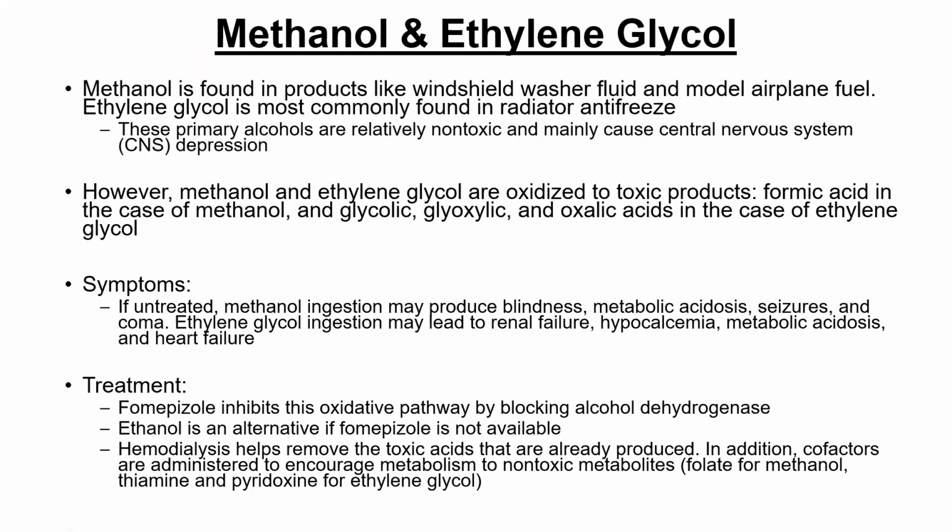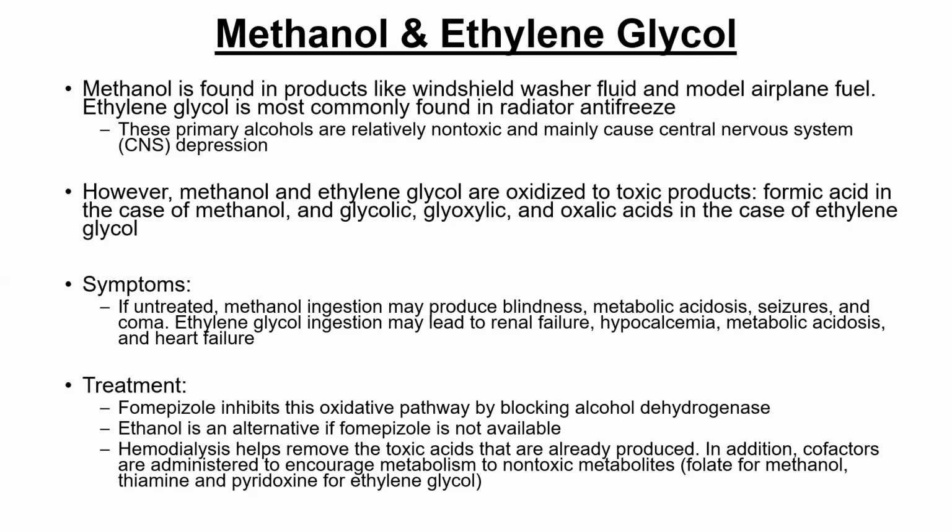Methanol is found in products like windshield washer fluid, and accidental ingestion for some reason could get methanol in the system. It is also found in model airplane fuel. Ethylene glycol is most commonly found in radiator antifreeze. If someone ingests antifreeze, you are going to have ethylene glycol toxicity.